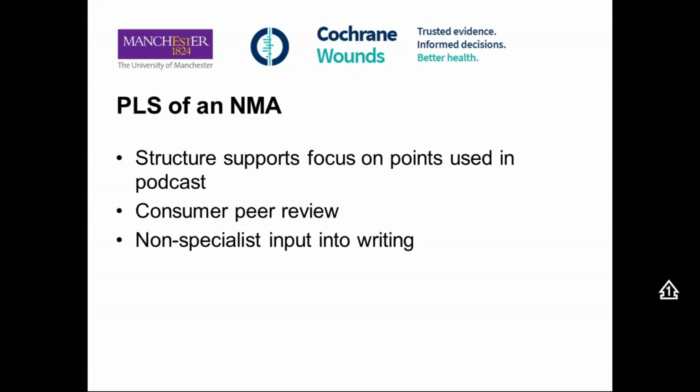But I would really recommend, with any complicated review, and particularly with an NMA, getting non-specialist input into the writing, because it really forces you to focus on what the meaning of your evidence is, rather than resisting the temptation to get bogged down in the detail of the methodology. And again, we've been quite successful in getting people who are authors with the group, but are not methodologists, to have some input here as a balance of what a clinician would want to know and an understanding of reviews.